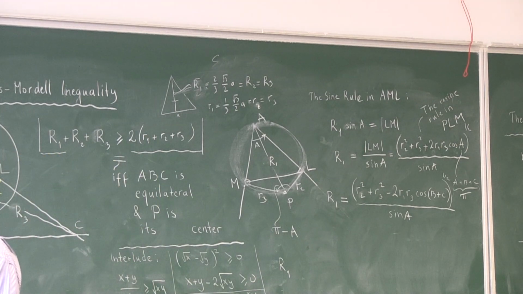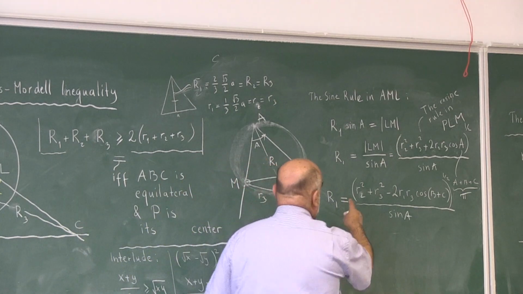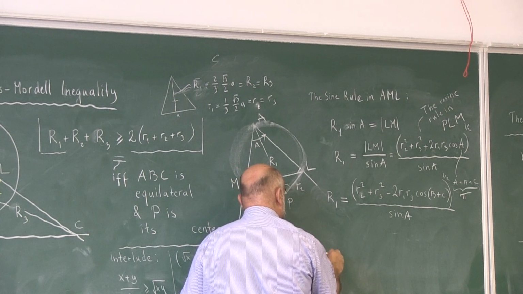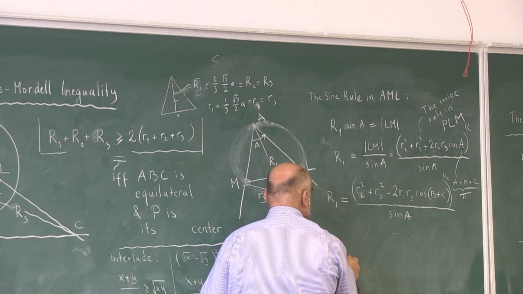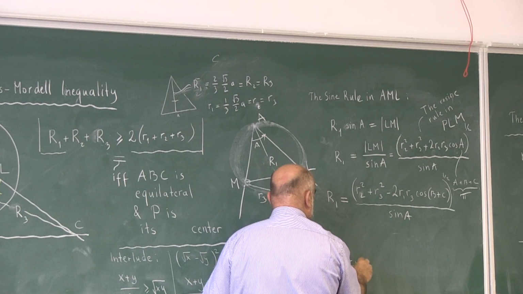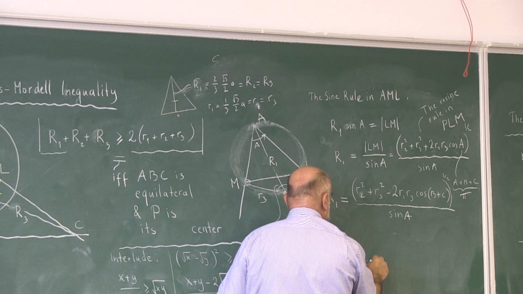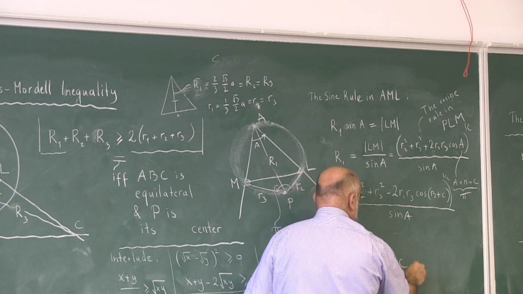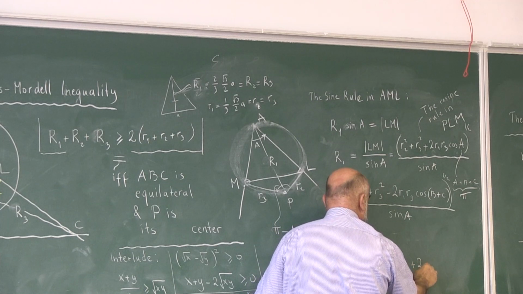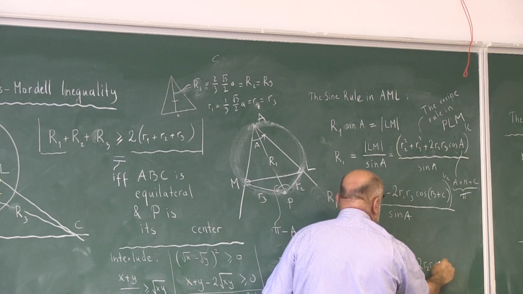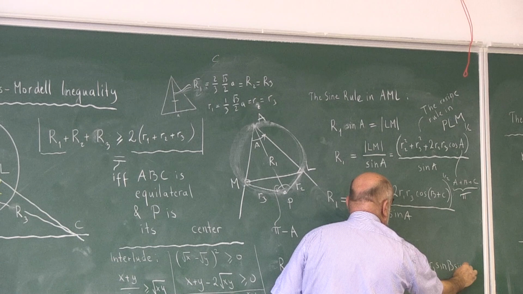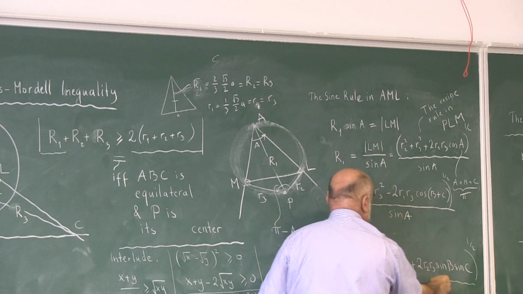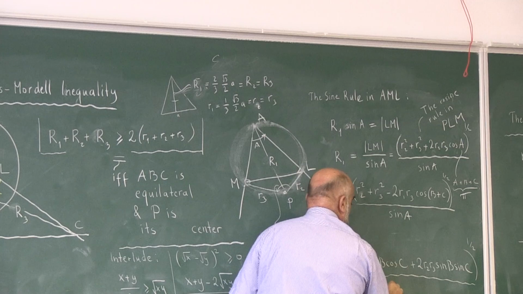So R1: I've got R2 squared, R3 squared, and now I can write this as minus 2R2 R3, and instead of cosine of B plus C, cosine B cosine C, and then exactly the same sort of thing with the opposite sign, 2R2 R3 sine B sine C. All this is within the square root sign, which is rather annoying, but as you will see in a minute, it will turn out to be all right.